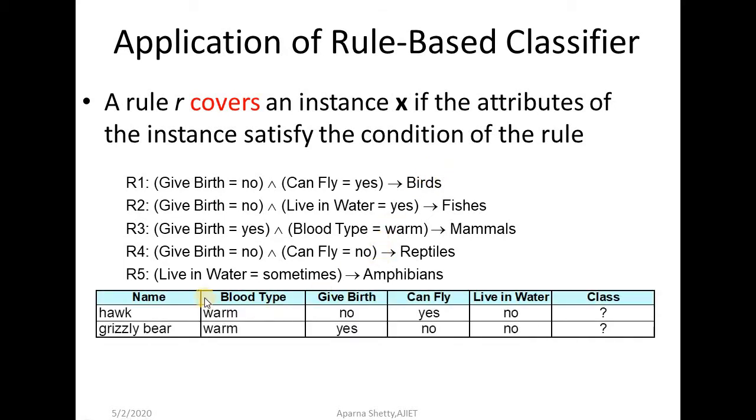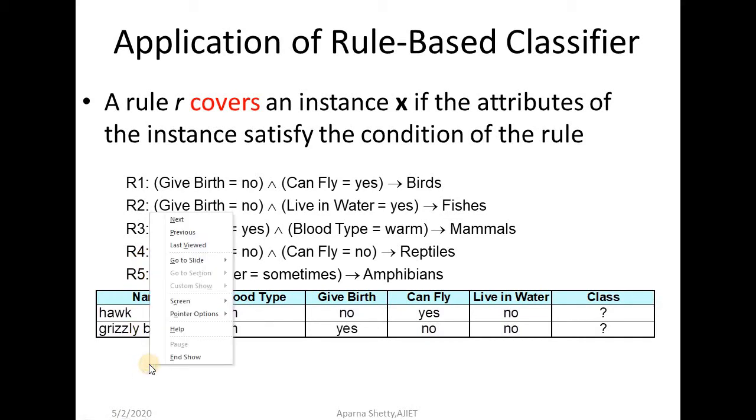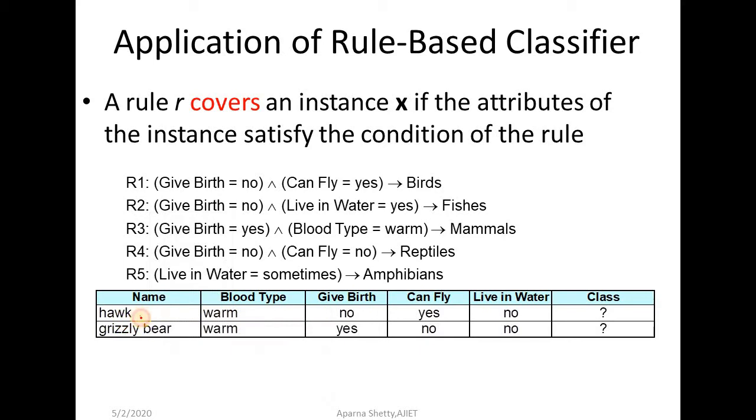Now suppose they have given these two records and asked us to classify them. The first is a hawk. For hawk, blood type is equal to warm.